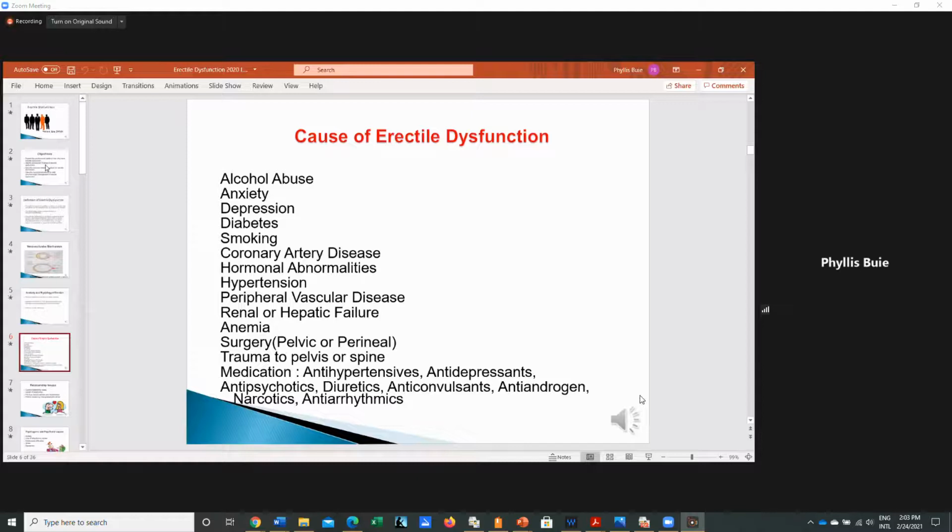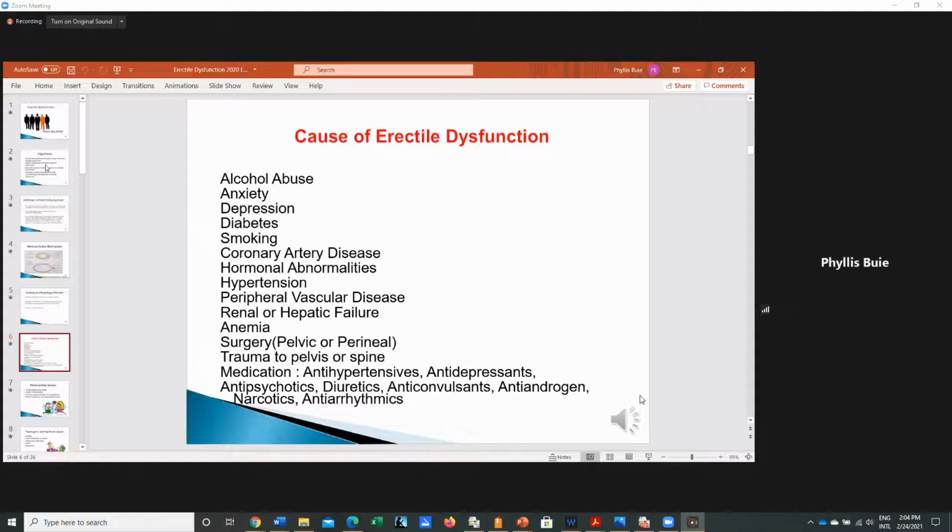Endocrine disorders such as diabetes and thyroid problems can also relate to the organic dysfunction. Smoking and alcohol are other factors. Hypertension is going to be one of your most common complaints that you're going to hear from your patients, because they take the antihypertensive, which is usually the first line is beta blockers, and then they're not able to have erectile function.